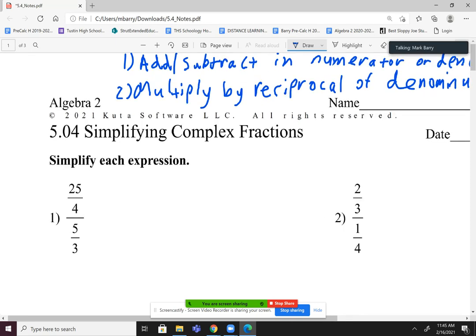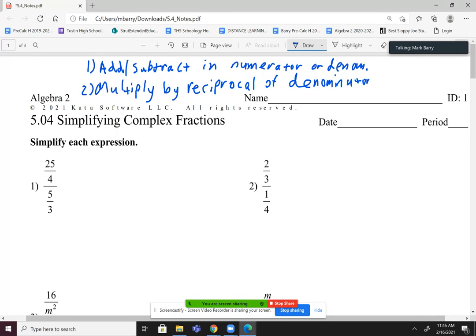And for step 2, I like to use this little symbol right here. I call it a pigtail. So I'm going to move this up here and flip it around upside down. That's me showing the reciprocal there. That's not technically a math term. That's like Mr. Barry's little hint or little symbol there. I call it the pigtail multiplication.